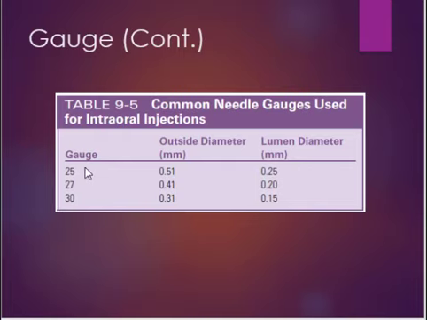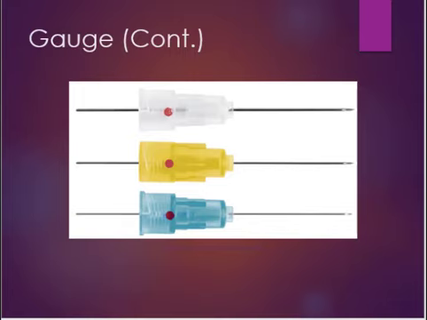You have the 25, 27, and 30. And again, the gauge indicators are placed by the manufacturer to easily identify the gauge of the needle, and so they're often color-coded.